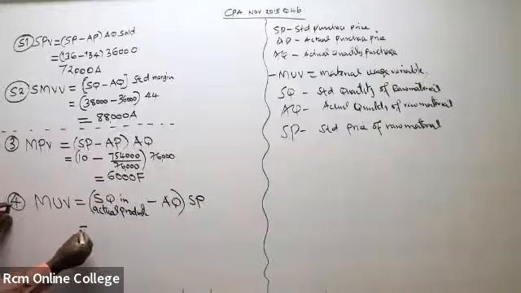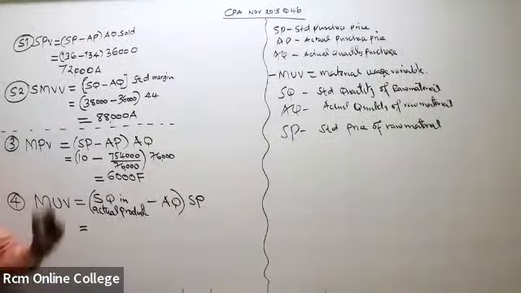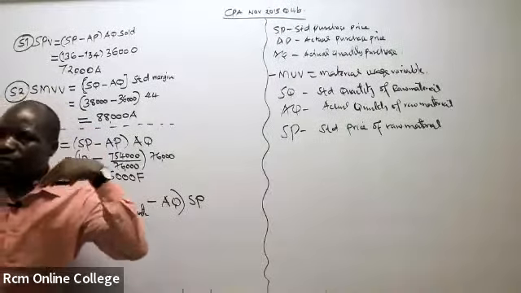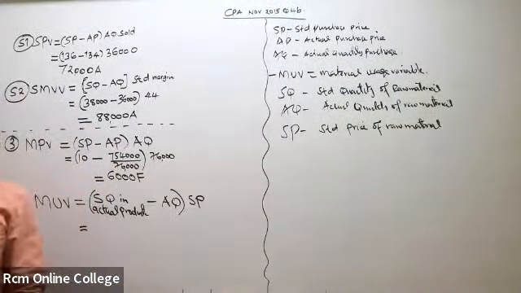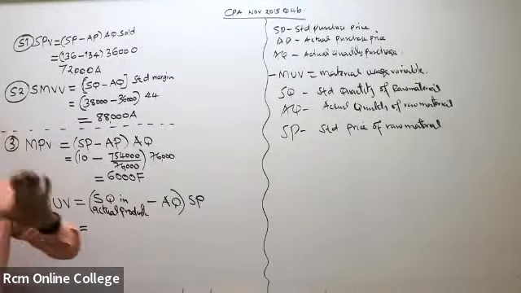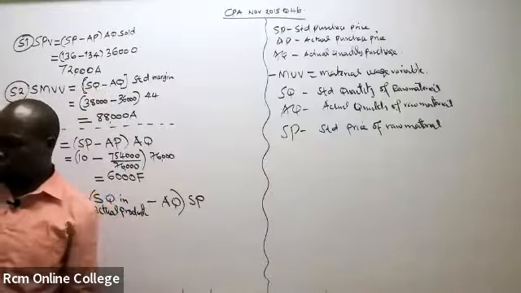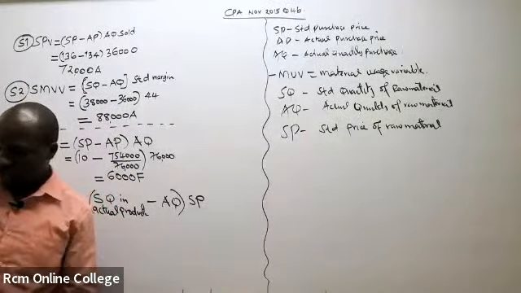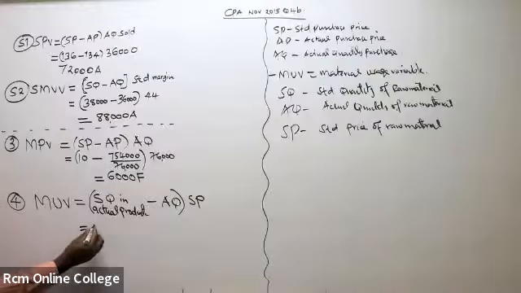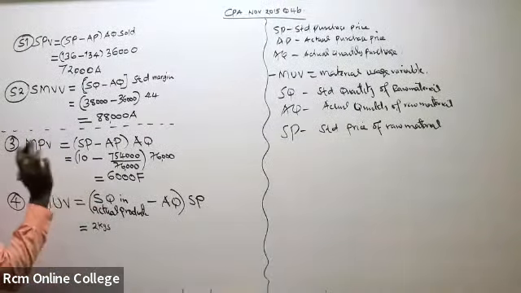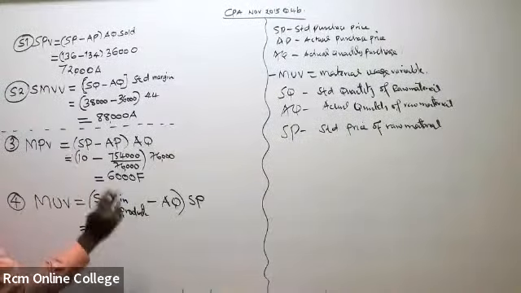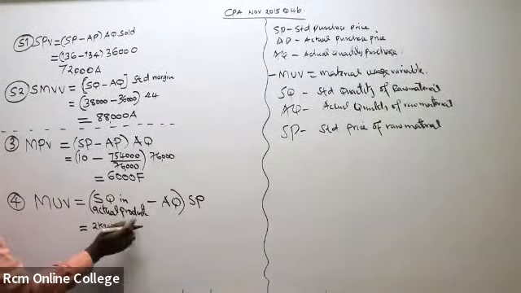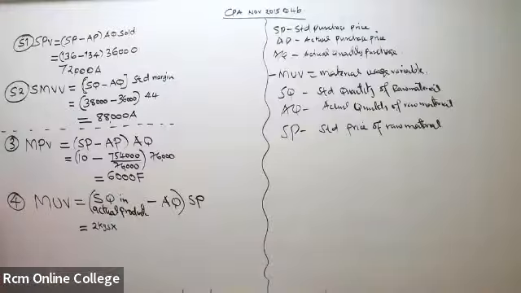As per the budget, what was the standard quantity of raw material per unit of product Q? It was 2 kgs, right? So we are going to take 2 kgs of raw material as per the standard per unit of product Q. We multiply by actual production. Remember, we don't produce raw material.